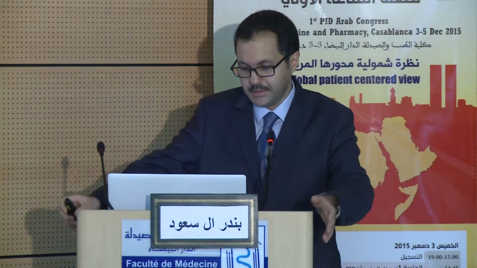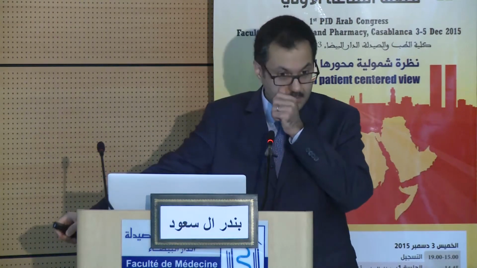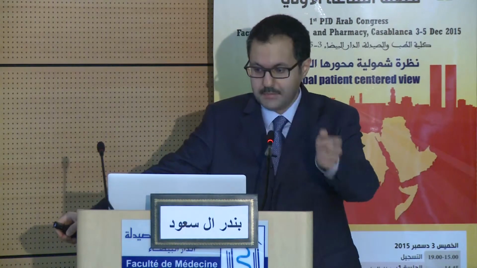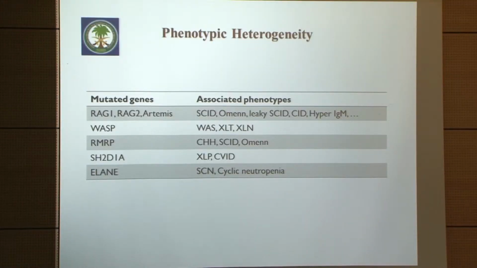And on the other hand, mutated genes can be presented in different clinical phenotypes. RAG1, RAG2, and Artemis can present as full-blown severe combined immune deficiency. They can also present like Omenn syndrome and also leaky SCID or combined immune deficiency or hyper IgM.